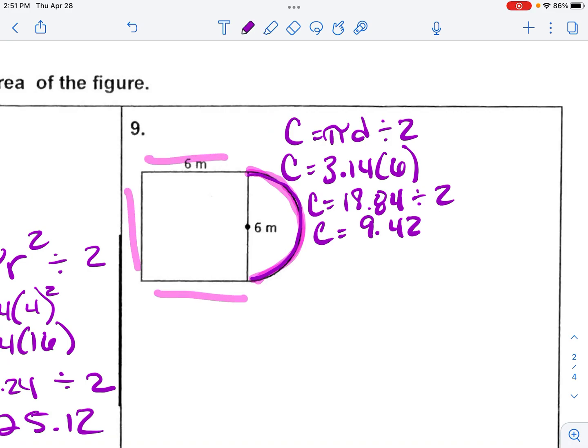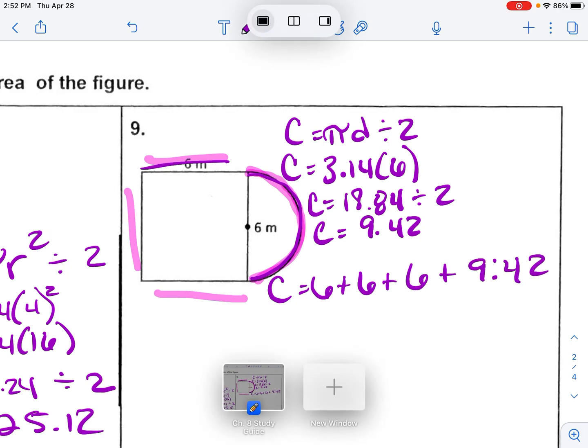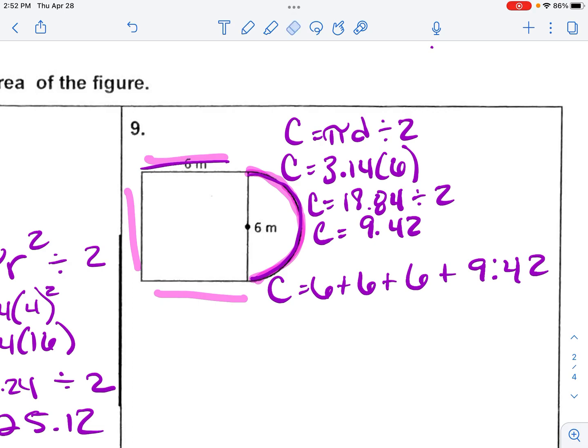Okay, so 6, it's a square, plus 6 plus 6 plus 9.42. Okay, looks like a basketball hoop or a basketball court. There we go. That'll be circumference, or the perimeter around that court.